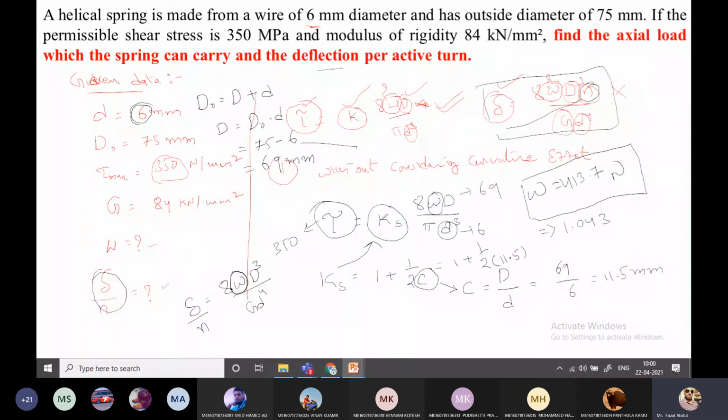We just calculated the load. Capital D we also just calculated as 69, and small d is the diameter of the wire, 6 mm. Modulus of rigidity is given in the question.